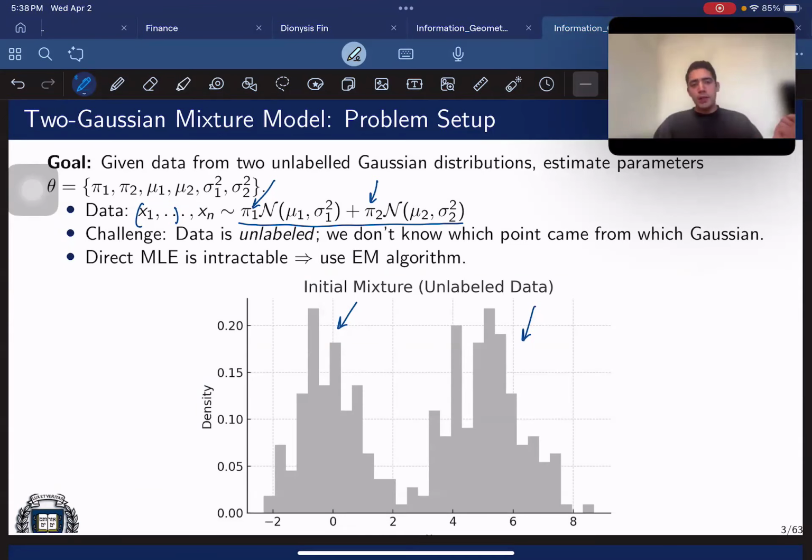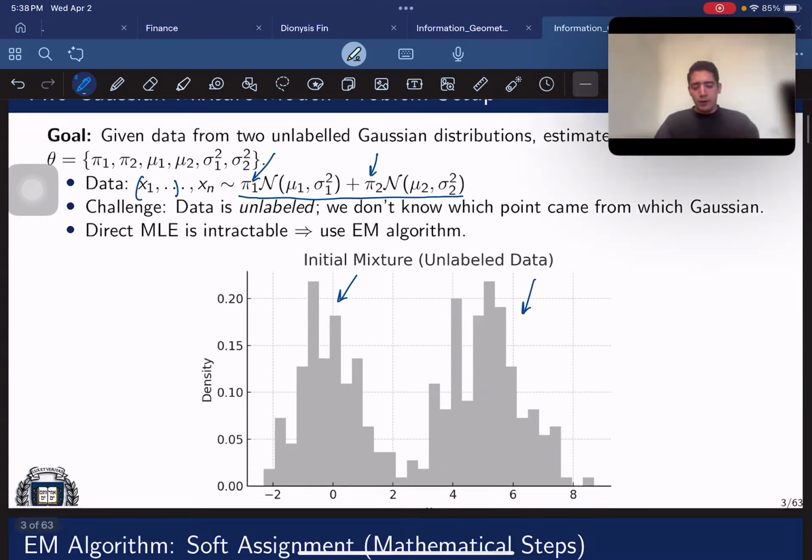But as you can see, the assignment of each point to either distribution 1 or distribution 2 is not a mathematically correct way. So when we start, I'll show the mixture model as pi alpha.